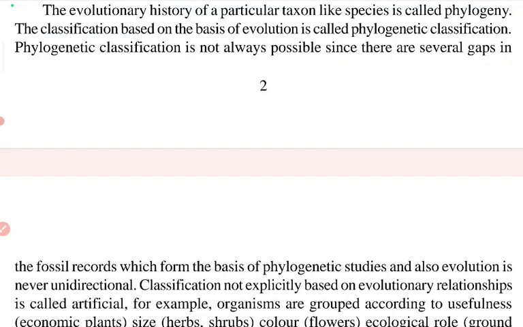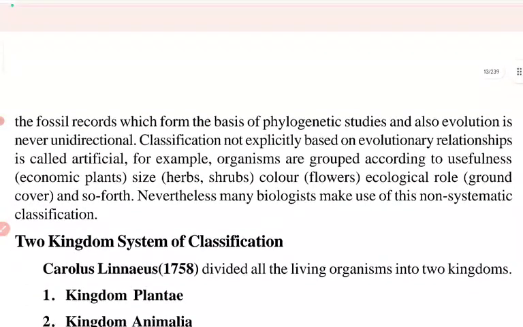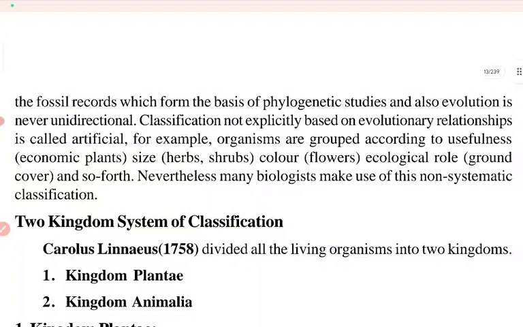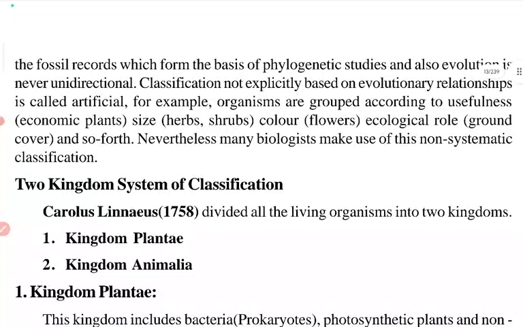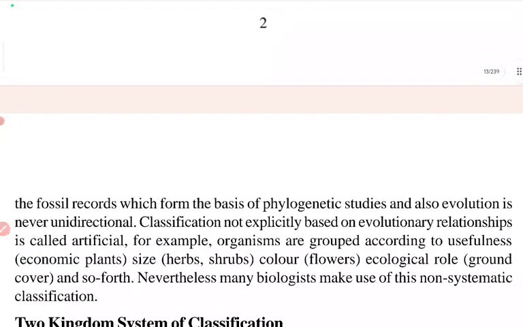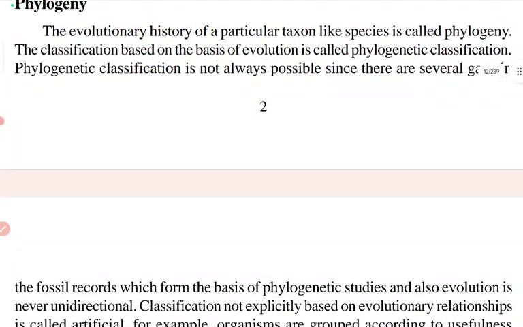Okay, now the phylogenetic classification is not always possible since there are several gaps in the fossil record which form the basis of phylogenetic studies, and also evolution is never unidirectional. Now the first important thing here, note that the phylogeny is not unidirectional.